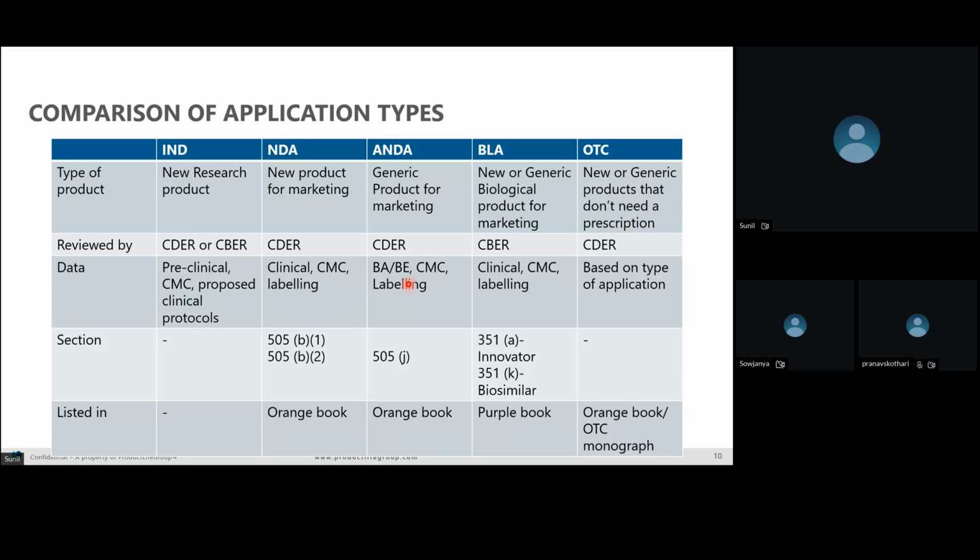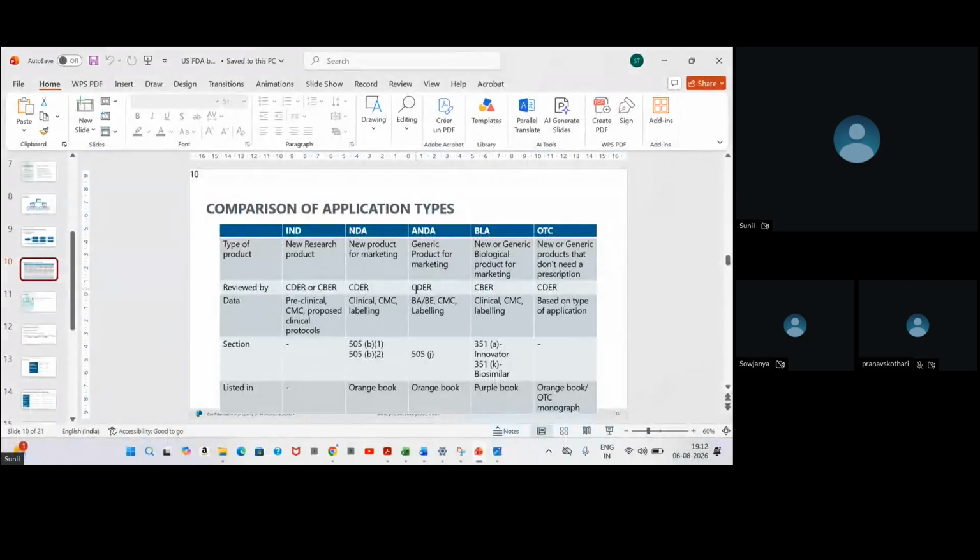Also, apart from that, you have to submit the artworks. It's a mock-up of how your carton will look like, how your label will look like. So let me show you if I have any US dossier. Just a minute.